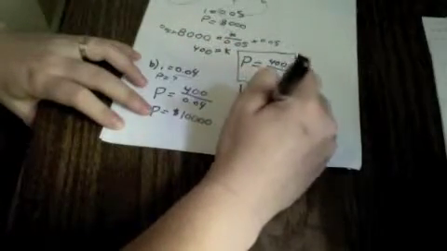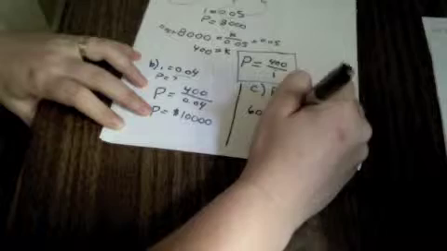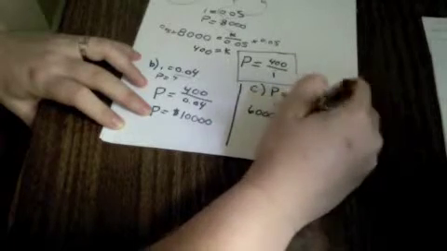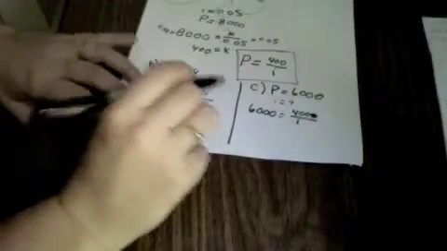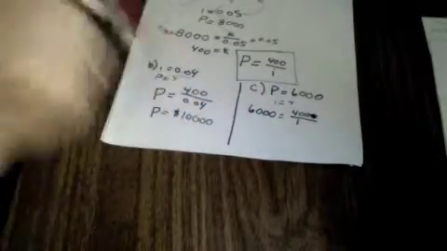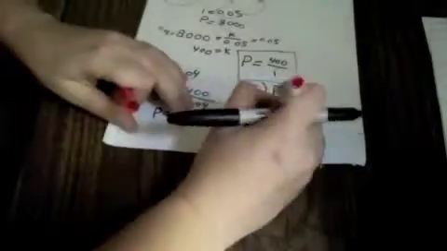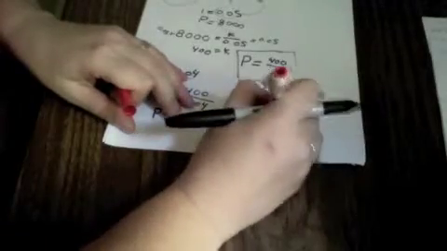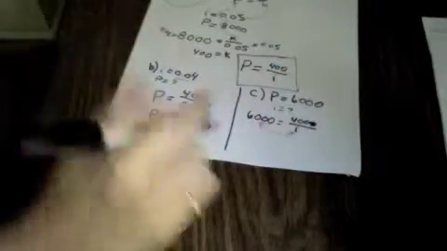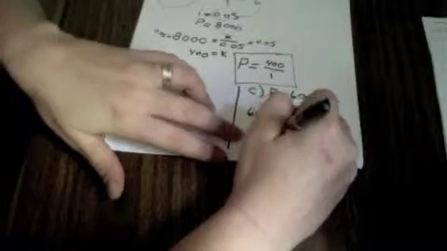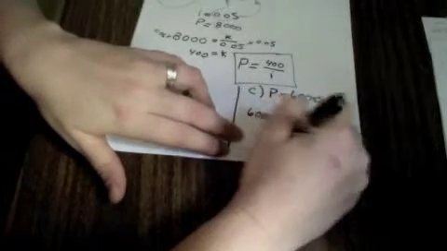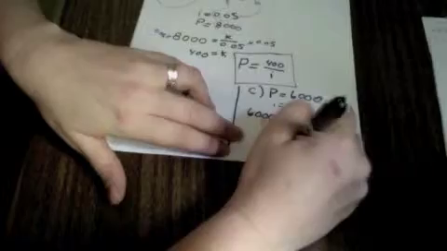6,000 equals 400, not 4,000, 400 over I. Remember what I taught you in class today? If you want to have a quick way to switch things, I can quickly switch the number on this side with the denominator down here. So I say I equals 400 divided by 6,000.